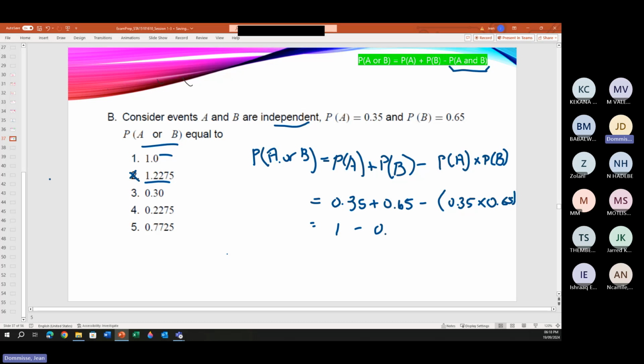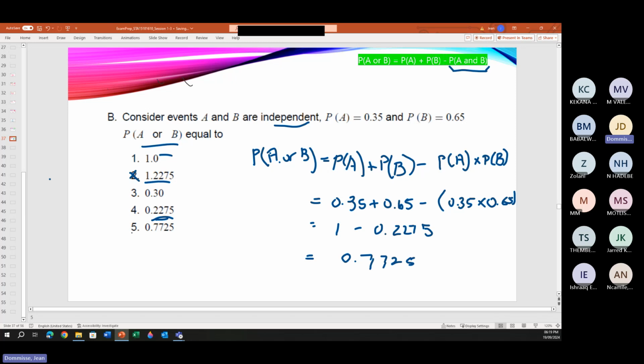Got it. So 0.35 times 0.65, that is 0.2275. Okay, so if they ask us what is the and, there is the answer, but they want us to find the or, so it is 1 minus that. So we sit with 0.7725.